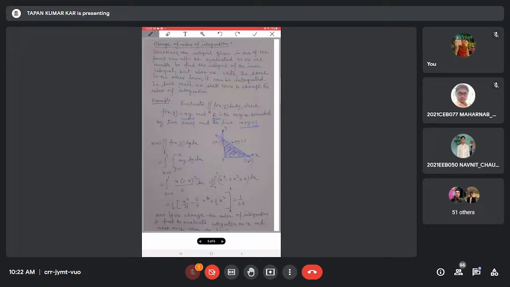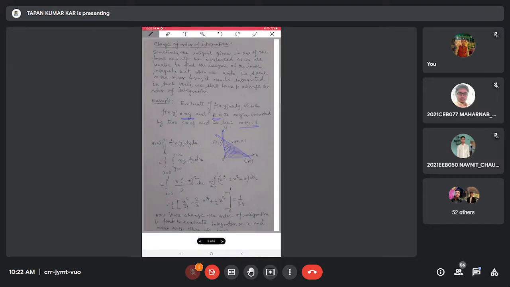Okay, so here look at this function f(x,y). Sorry, I was telling that change of variable and change of order of integration are two different aspects. Change of variable means that when you change, you have to evaluate the Jacobian, and that will be multiplied by the new variable.